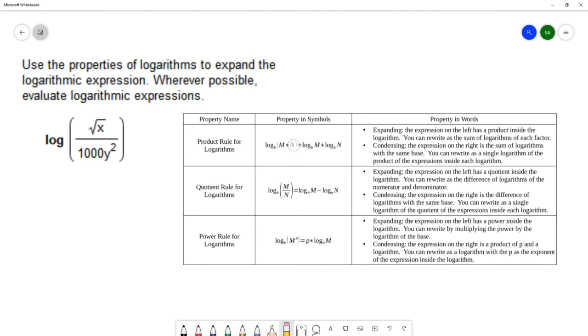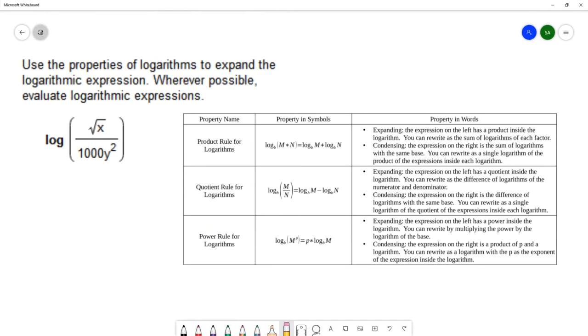What I like to do is use these two properties at the same time, and in the expression that we have, look for factors in the numerator and factors in the denominator. The factors that are in the numerator will have logs that are positive, and a factor that comes from the denominator will have a subtraction or minus sign in front of it.